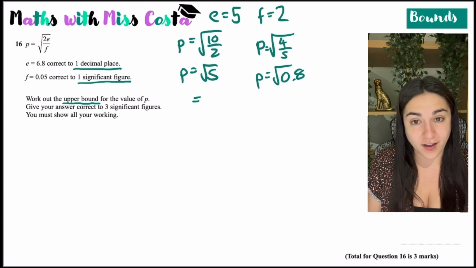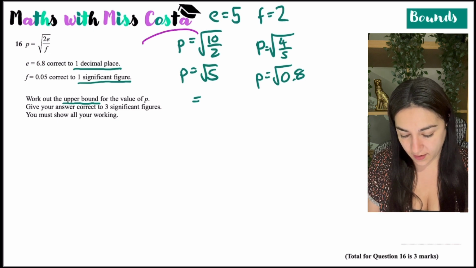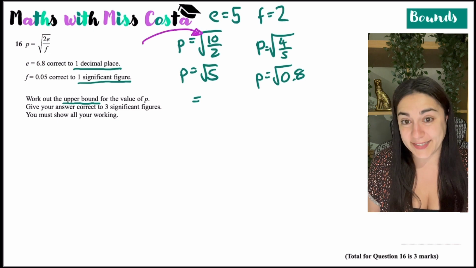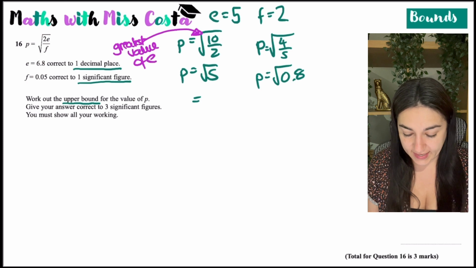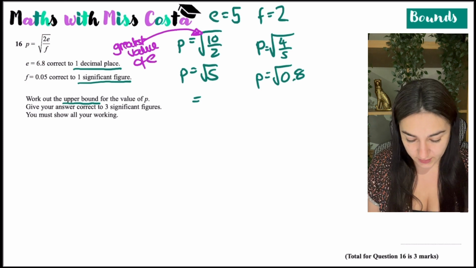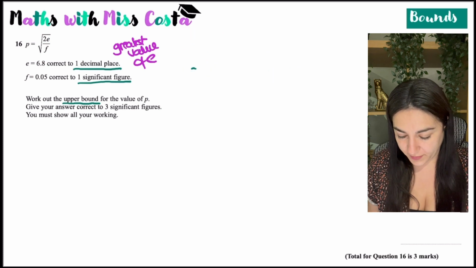Now the square root of 5 is going to be larger than the square root of 0.8, so therefore to work out the upper bound of P, I'm going to want the upper bound, so the greatest value of E and the lowest value of F. So let's just work that out.